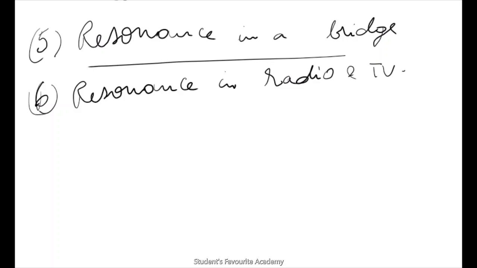So, when the string is made to vibrate, the natural frequency of the air column also matches the frequency of the vibrations of the string, and therefore resonance occurs and the air column vibrates with larger amplitude, and so a larger sound is heard.